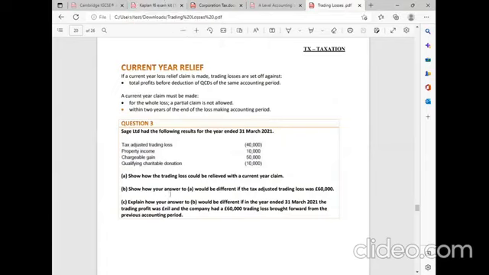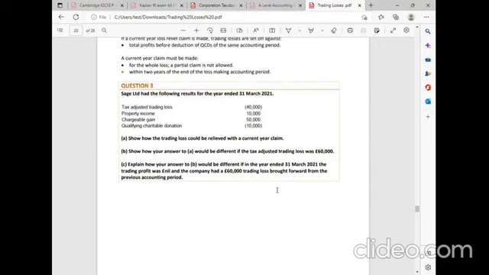Whether it's carry forward loss relief, current year loss relief, or terminal loss relief, if a company incurs the loss, the relief will be applied from total profits, which is before TTP.